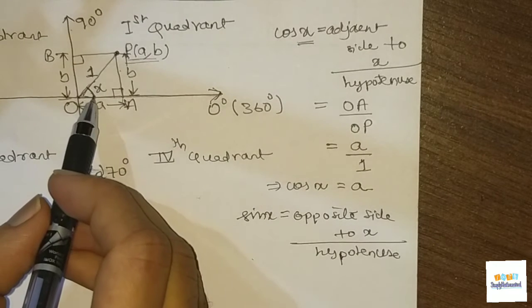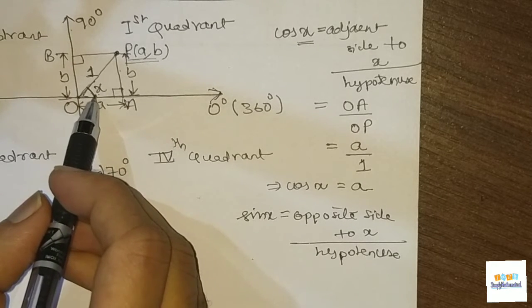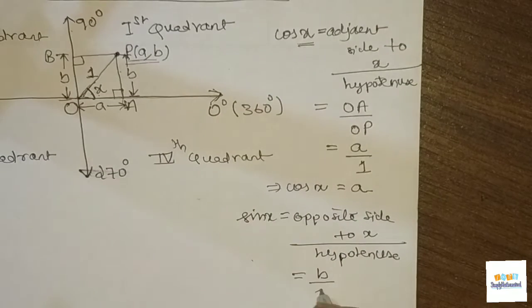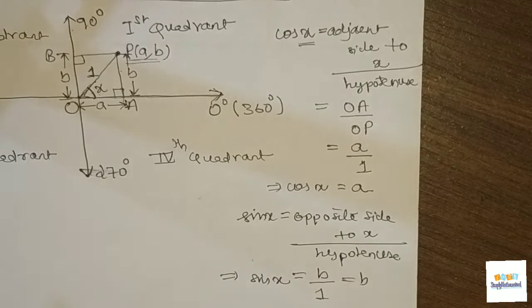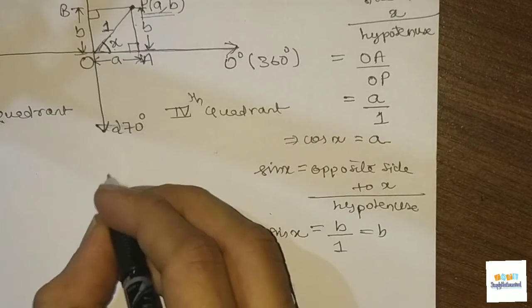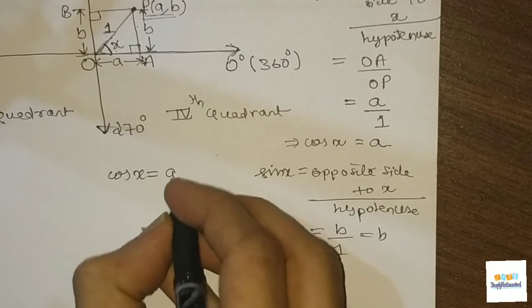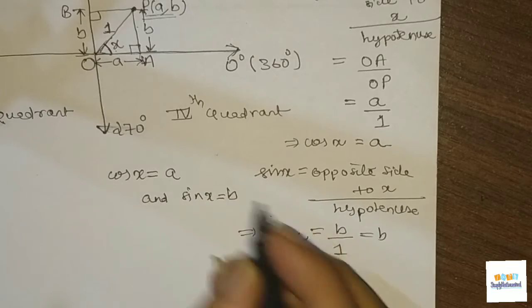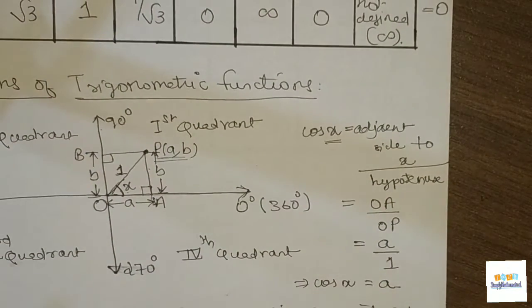Opposite side to x is B, and B divided by hypotenuse 1 is B. So this is sin x. So cos x is equal to A and sin x is equal to B.